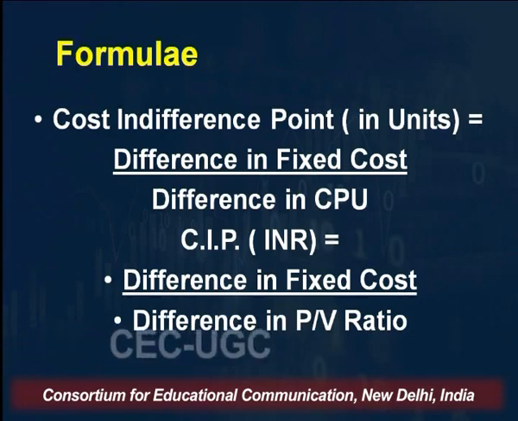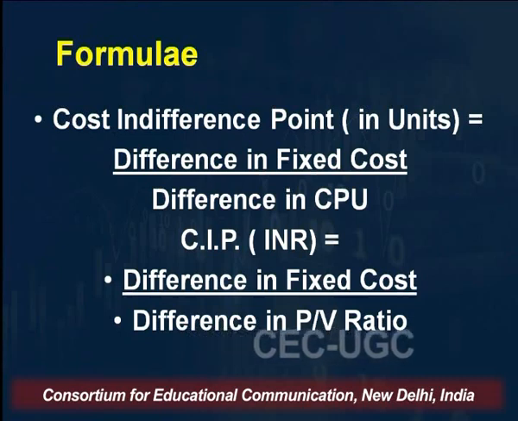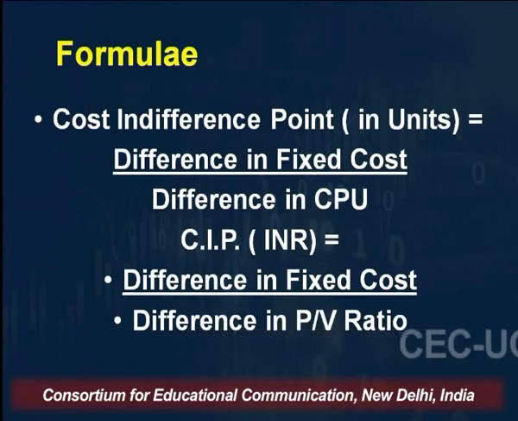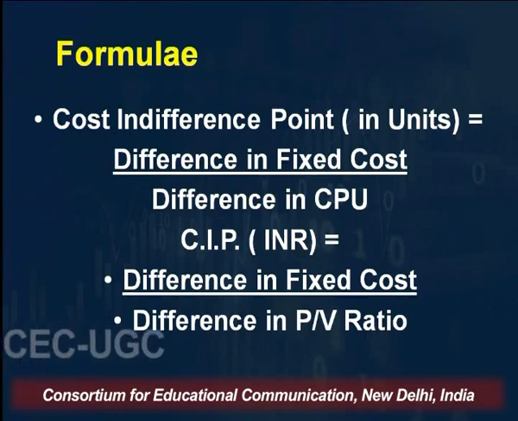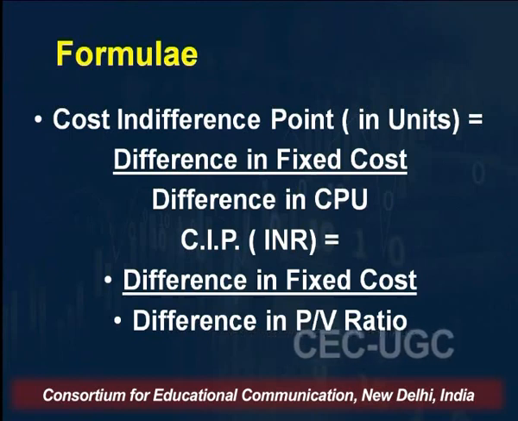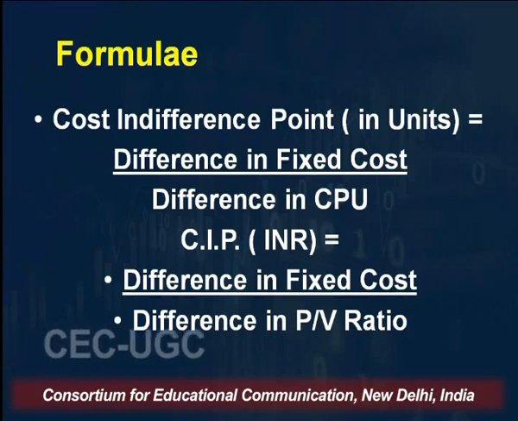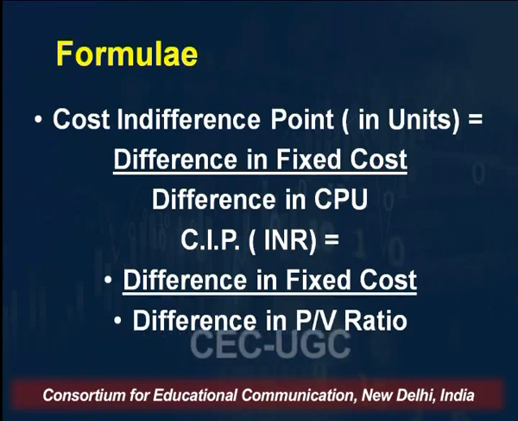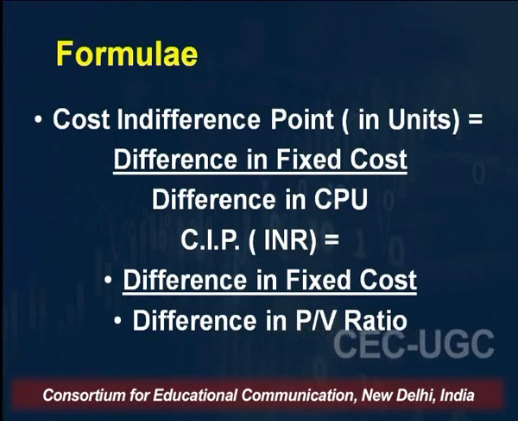This is done when computing cost indifference point in terms of rupees. So, my dear students, when you calculate cost indifference point in terms of units, you take the difference in fixed cost divided by CPU, that is contribution per unit. But when I have to calculate CIP in terms of rupees, I simply change the denominator, and now the denominator shall be the difference in PV ratio.